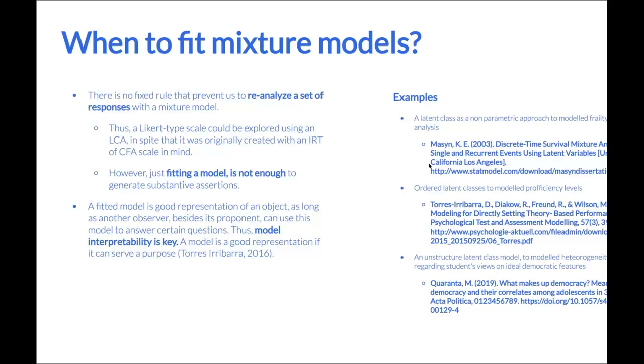What Catherine Massin did was to use a latent class model to approximate the notion that some students may not drop out. The cool idea of this approach is that when you ignore, for example, the students that don't drop out, all the relationships with your covariates are going to be underestimated.